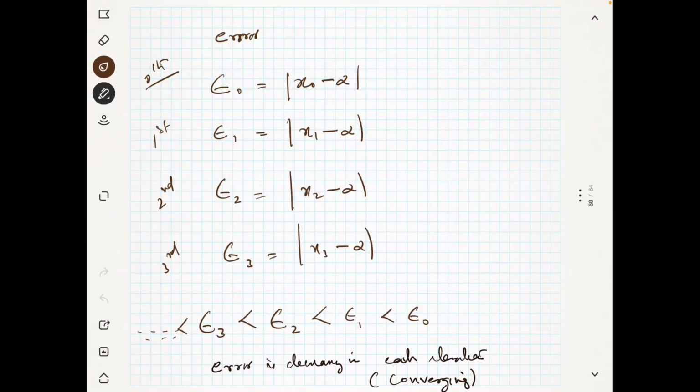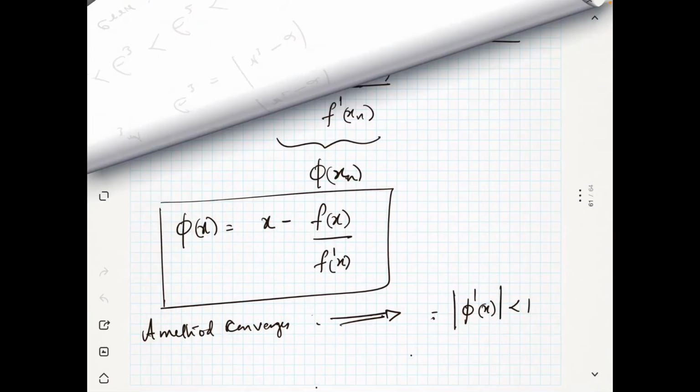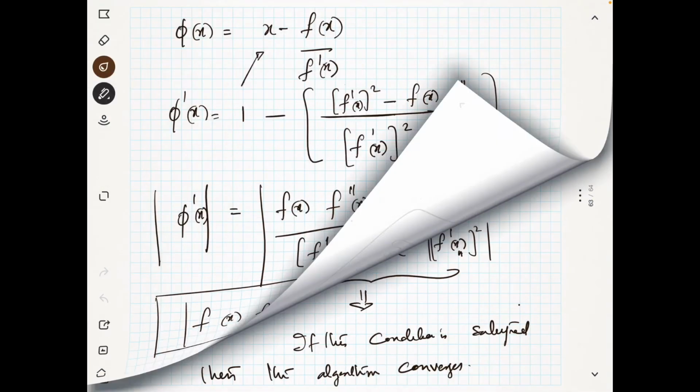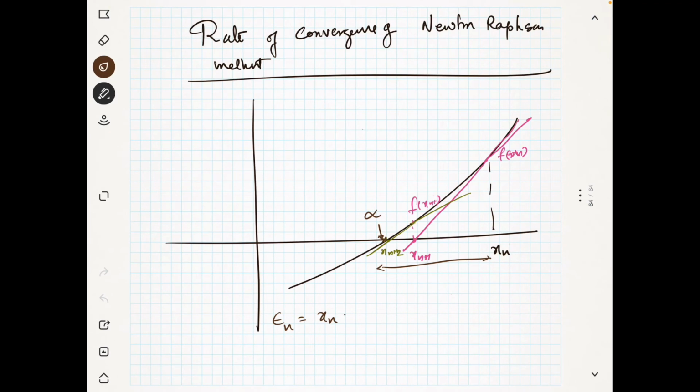My error is equal to x0 minus alpha. So my error like this, xn minus alpha. Okay, so I can write my xn from this equation as xn is equal to my actual solution alpha plus epsilon n.